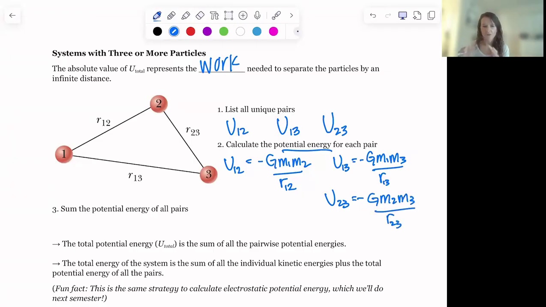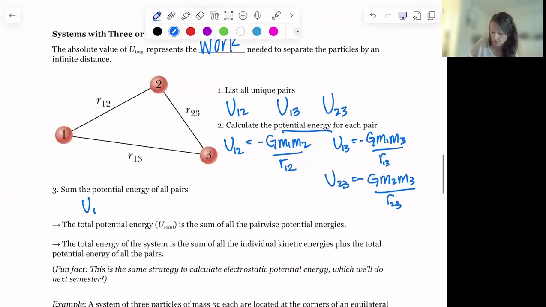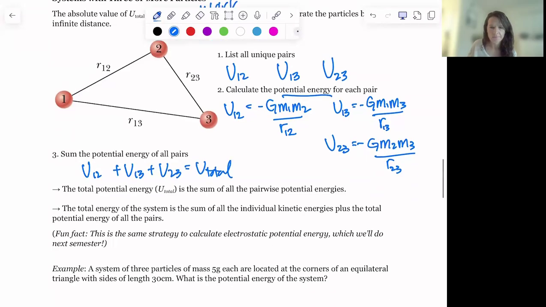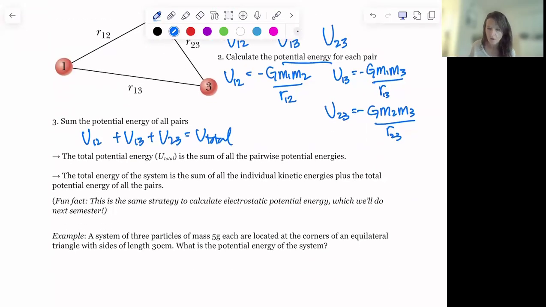So once you figure out each of those, then you just add them all up. And so I'd say U12 plus U13 plus U23 will equal U total. And so this is just the sum of all of your pairwise potential energies.